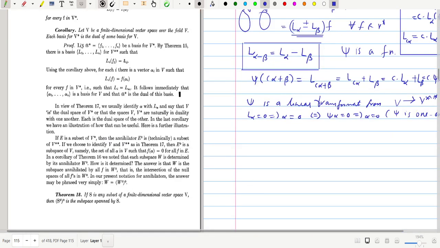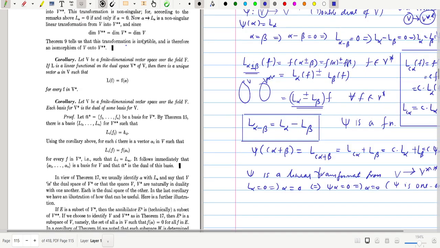Now we have two interesting corollaries for the theorem. That is, let V be a finite dimensional vector space over the field F. Each basis of V star is the dual basis for V. So this is one corollary, and the immediate corollary is: let V be a finite dimensional vector space over the field F, and if L is a linear functional on the dual space V star of V, then there is a unique vector α in V such that L(f) is equal to f(α).